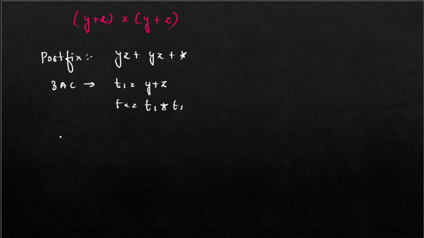Now SSA, static single assignment, will be T1 equals y plus z and T2 equals T1 into T1, and here T1 and T2 cannot be reassigned.